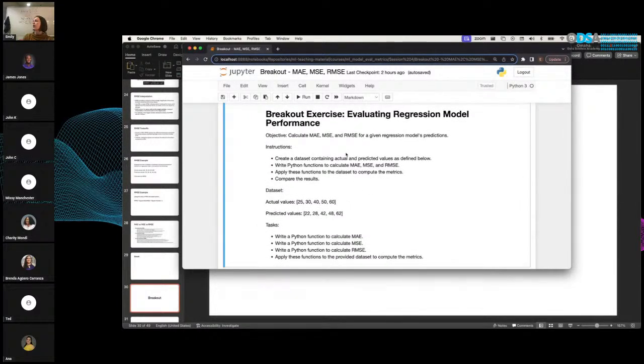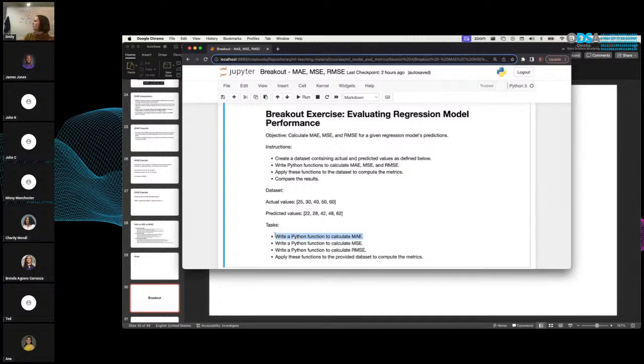So create an X and a Y array, list, whichever data type object you want, using these as actual values and these as predicted values. Similar to our example, just this is 25 instead of 20. It's really similar to the example we did in class. You can even change these to be exactly the same to see if you get the same answers. And then make a mean squared error function. I said we were going to make 3, but let's just make one function for now, because if we have time, we'll come back at the end.